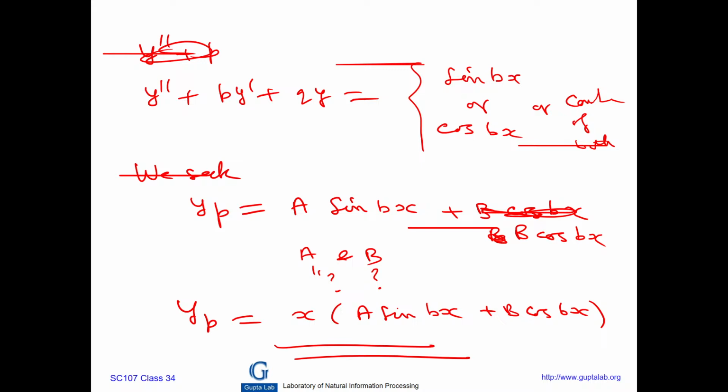This solution we will seek if left hand side के में root complex और distinct आ रहे हैं, in that case. Okay, otherwise we can use this.